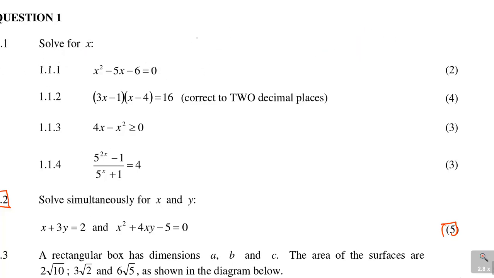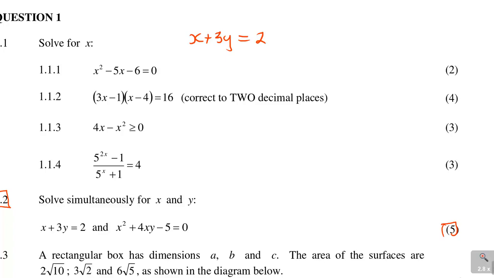So the first one is what? x plus 3y is equal to 2, okay? And then what about the other one? Let me write it on a fresh page because of space. I've got x plus 3y, and then they say this is equal to 2.